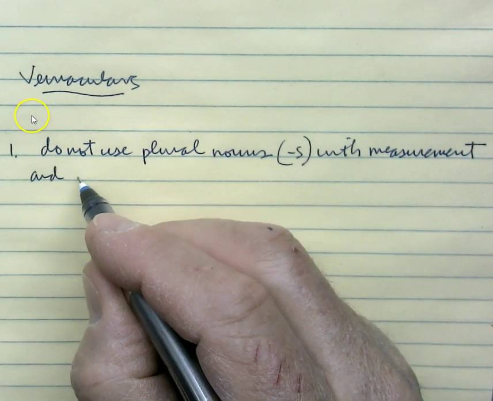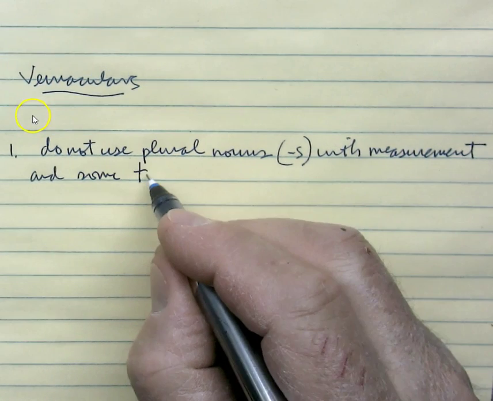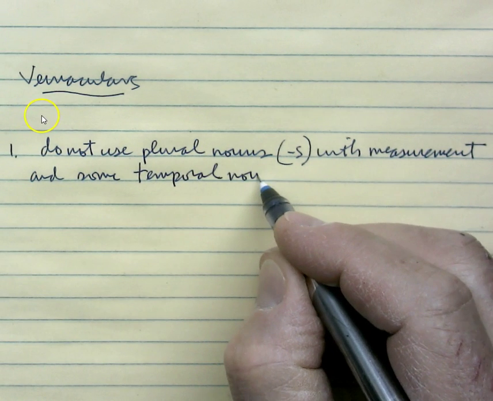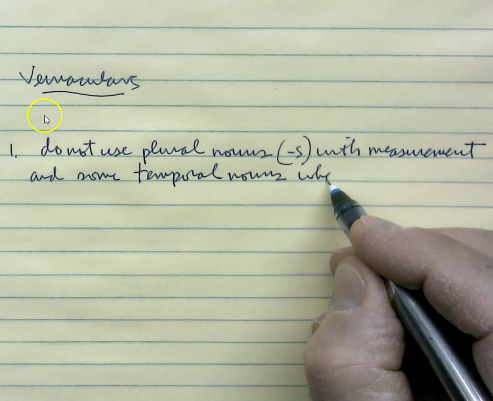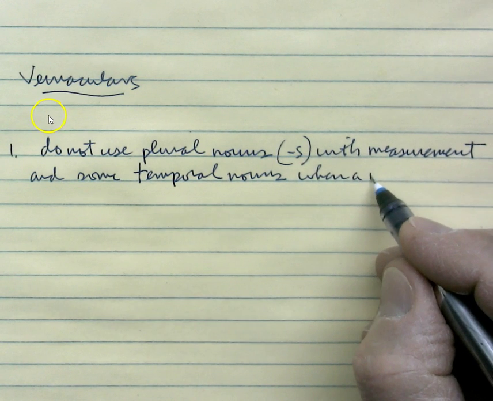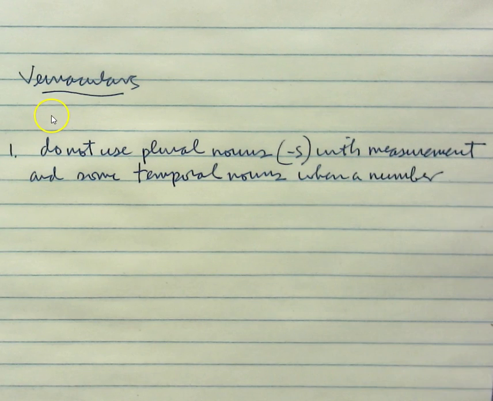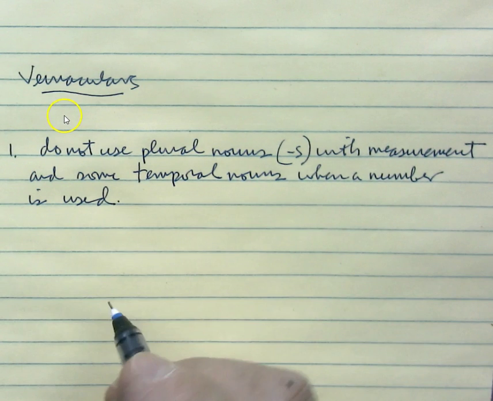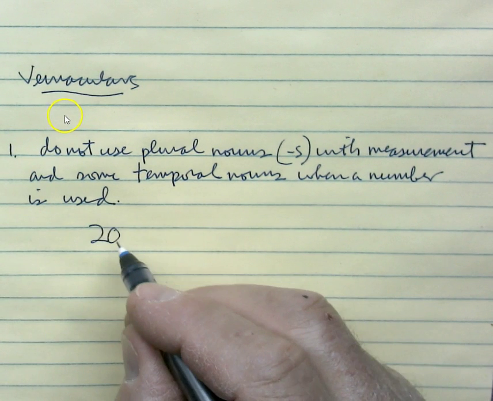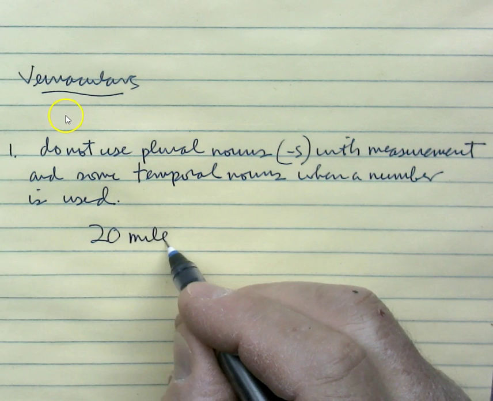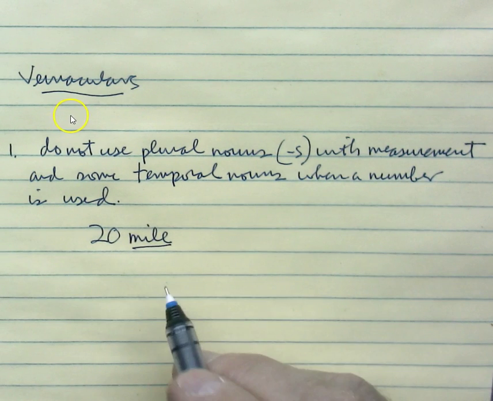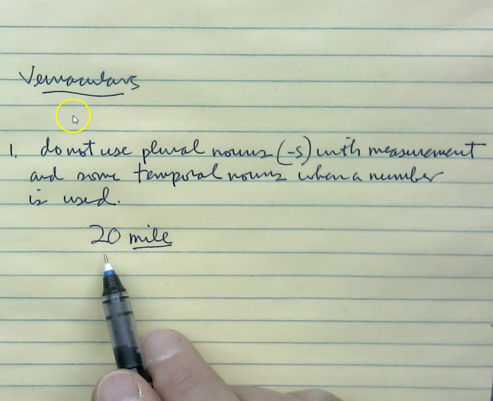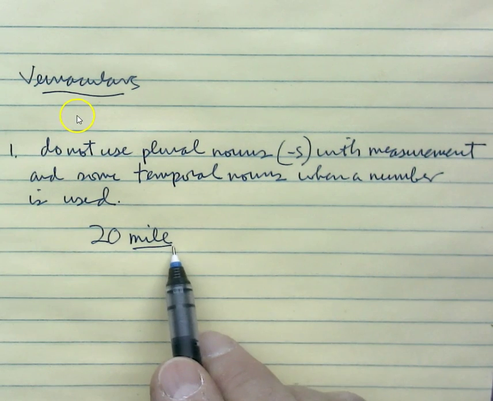and some temporal nouns, when a number is used. Now, for example, many vernaculars say 20 mile. And mile is a measurement term for distance, but because there's a number in front of it, there's no s.